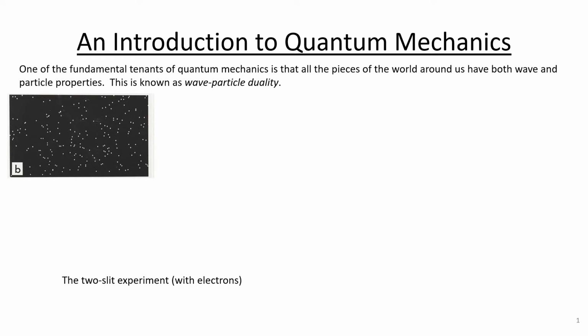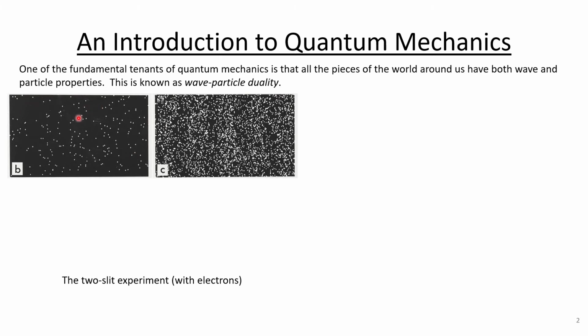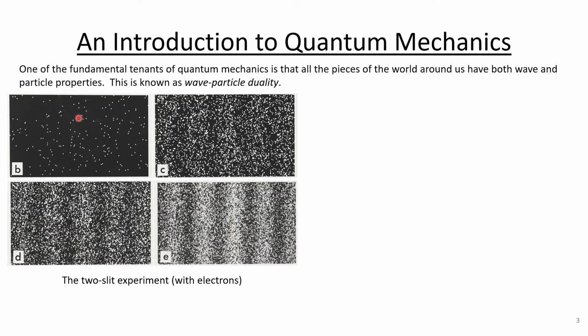If you prepare a whole bunch of nominally identical electrons and fire them away one at a time, after maybe 100 electrons, the detection screen behind the two slits looks something like this. Pretty random, right? Doesn't seem to be much of a pattern. But you keep going, and you start to see the bright and dark banding, okay? And as you go farther, it starts being more and more apparent.